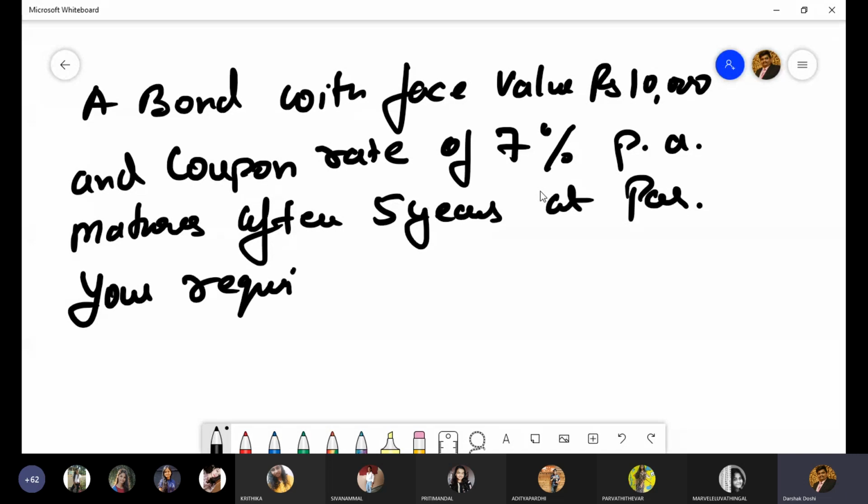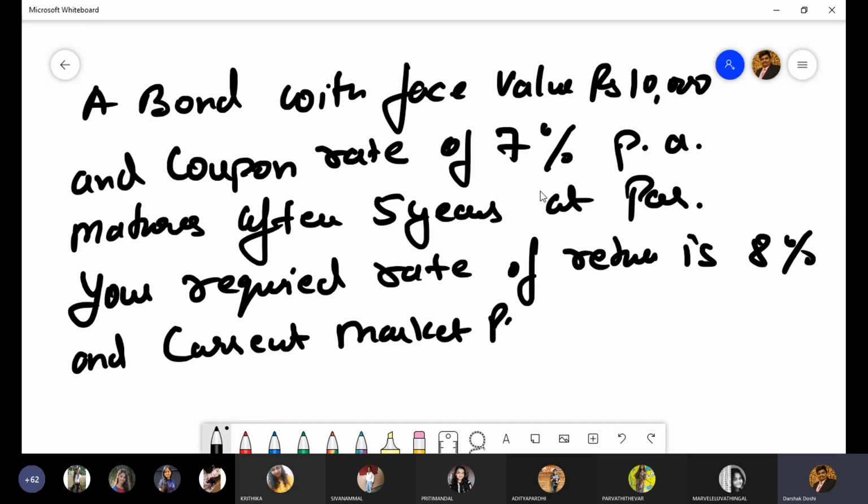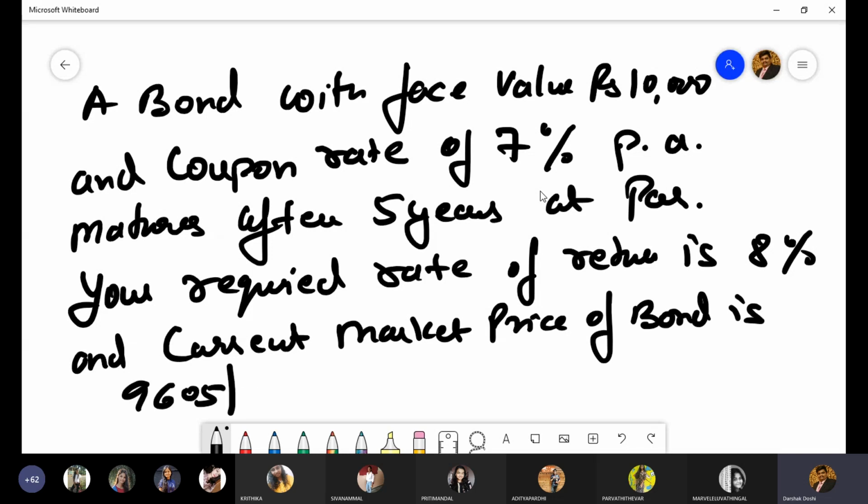Your required rate of return is 8% and current market price of bond is 960.5.